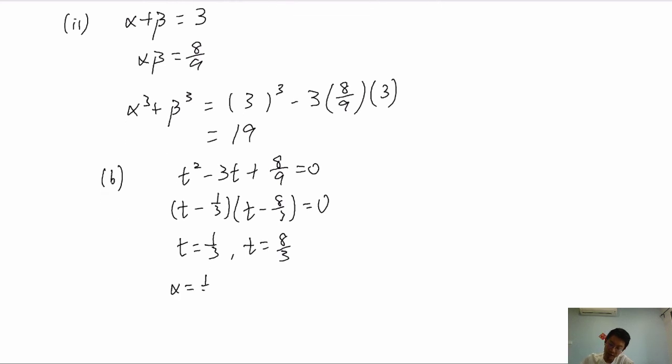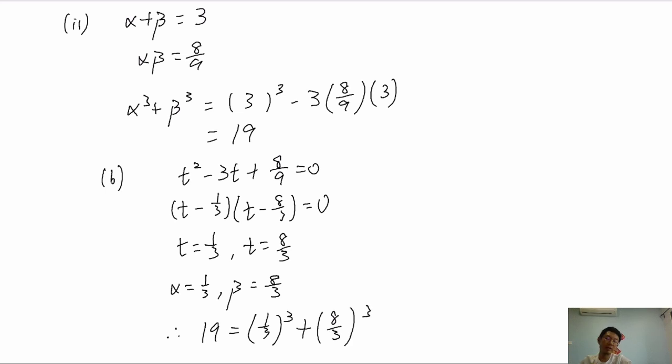So we can let alpha equal 1 over 3 and beta equal 8 over 3. Therefore, from the result we have from part A, our 19 can be written as alpha cubed plus beta cubed. Okay, so this is how we do this last part.